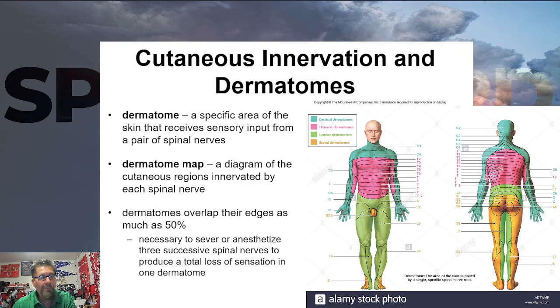Alright, so our last screen here, this is the dermatome map that I mentioned, and again, it's not very large, but it is certainly well color coded, and you can see the cervical is the teal, the light green at the very top, and so you can see the color coded areas that the cervical plexus supplies nerves for.